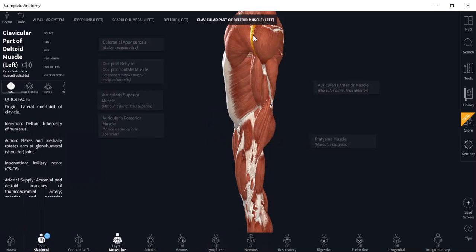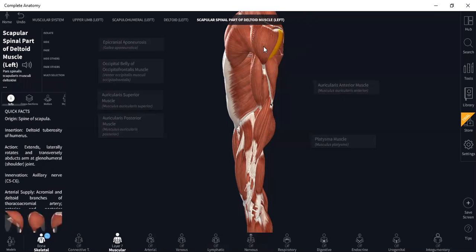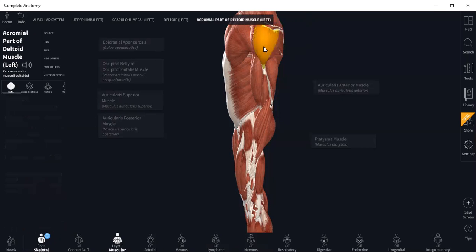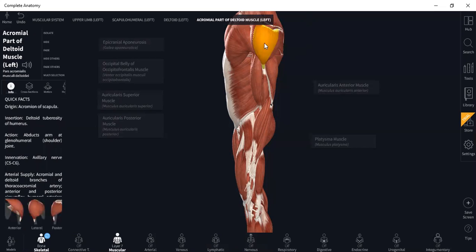And it also has 3 parts. So this anterior part flexes the arm forward, this posterior part extends the arm back, and this medial part will abduct the arm away from the body.